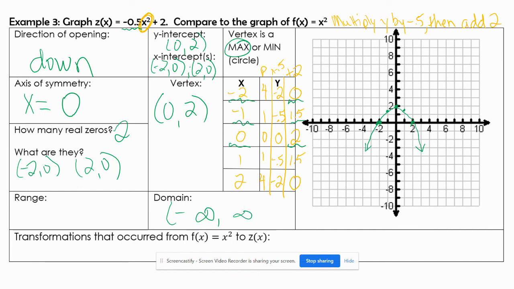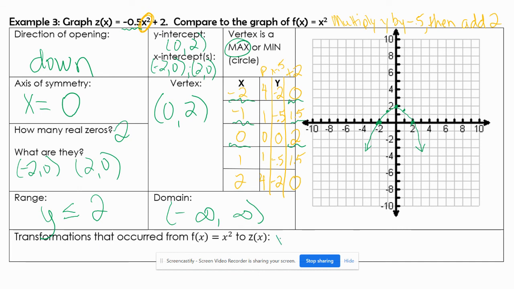Our domain is negative infinity to infinity. Our range, because it's going down, is less than or equal to, and our top y value there of our vertex is at 2.